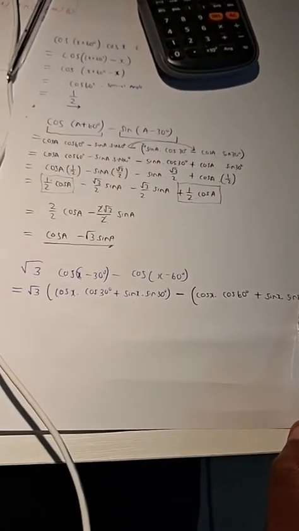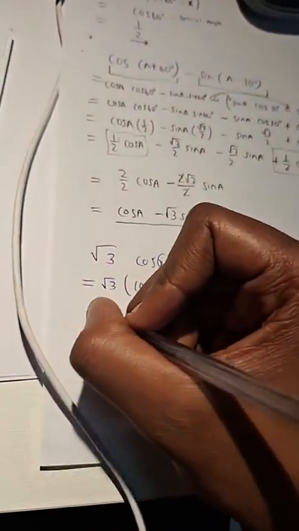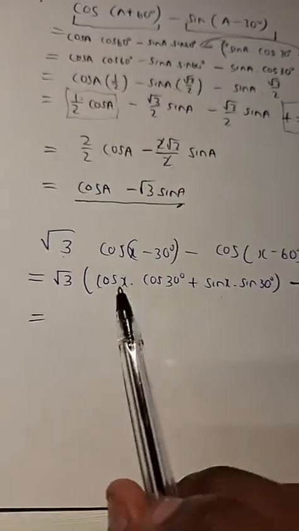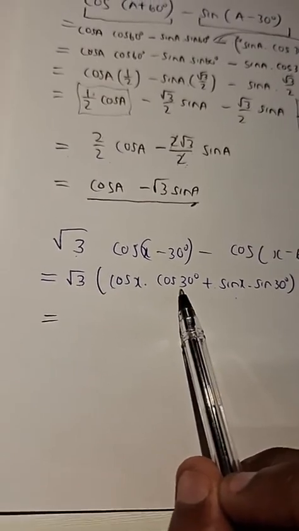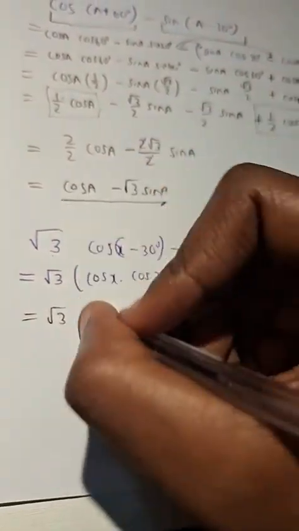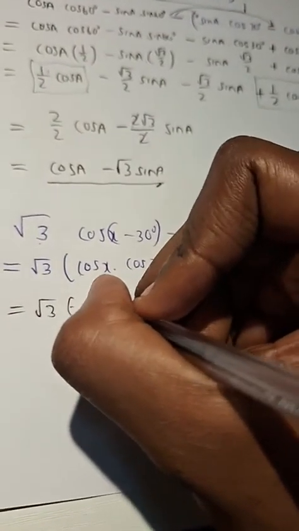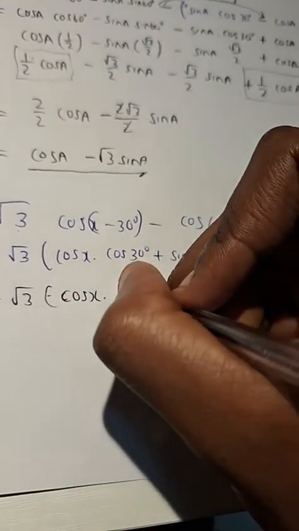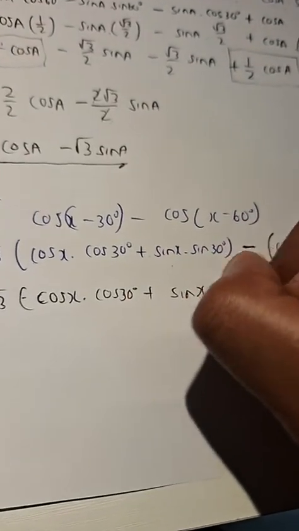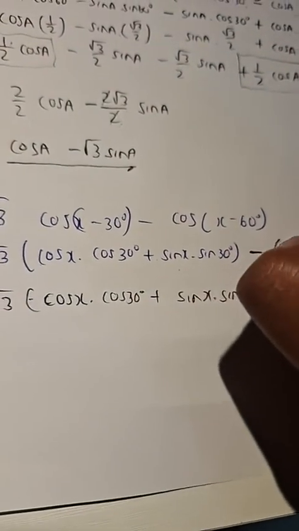Beautiful, beautiful. Now it's time, before we distribute the root 3, let us first make sure that we write these special angles. But before we even do that, let's not be in a hurry.